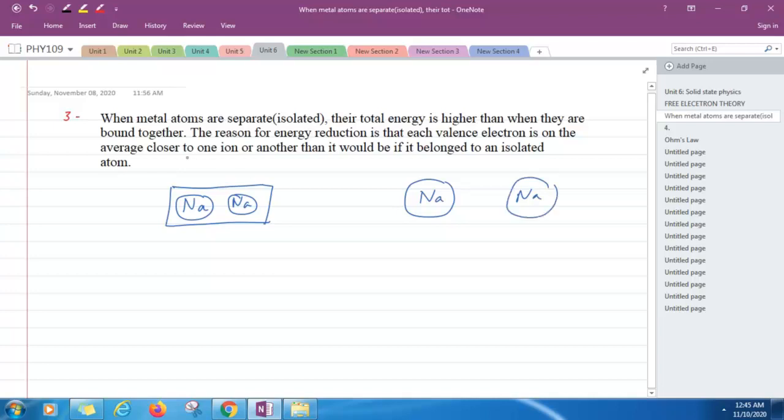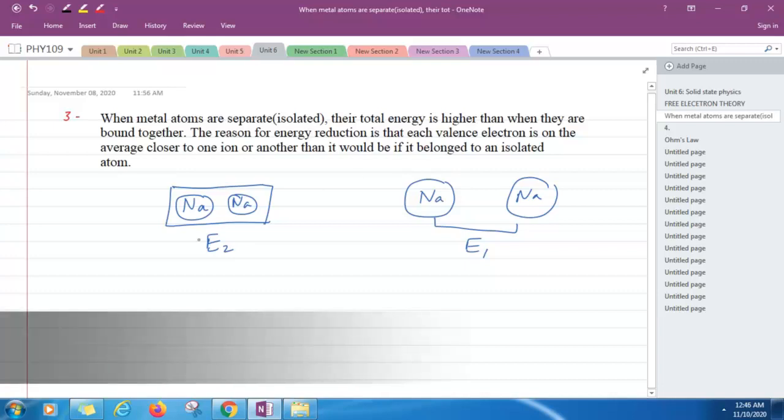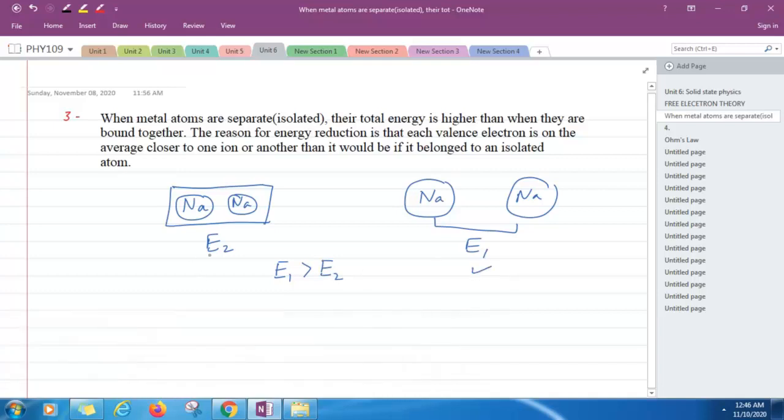Let's suppose the total energy in the first case is E1, and in the isolated case the total energy is E2. So their total energy is higher when they are isolated, and lower when they are bound together. In this case, E1 is less than E2.